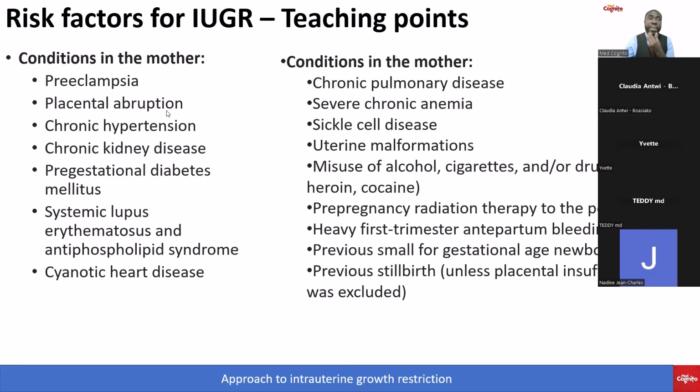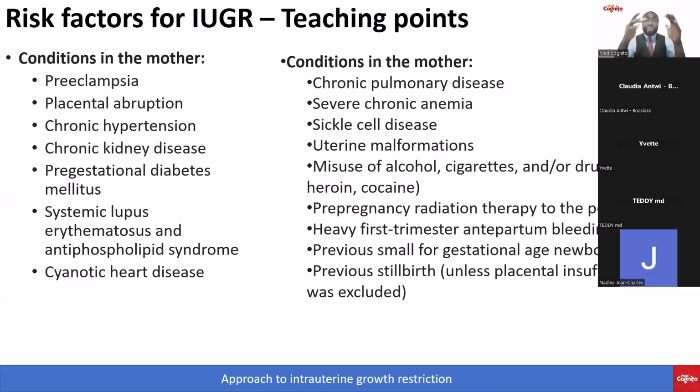Then preeclampsia is also one of them. Placental abruption is one of them. Chronic hypertension. Doctors, please, as we go through these, can someone tell me which of these are modifiable risk factors? Because the enabling objective was talking about modifiable risk factors.